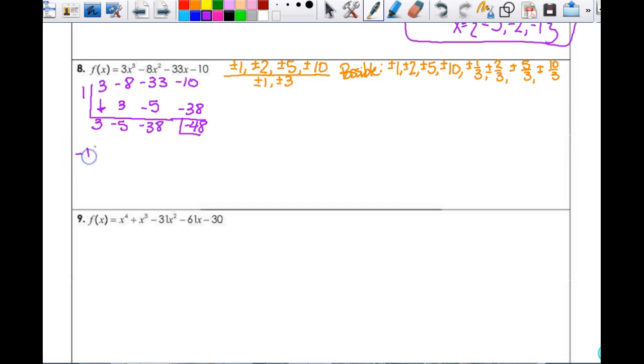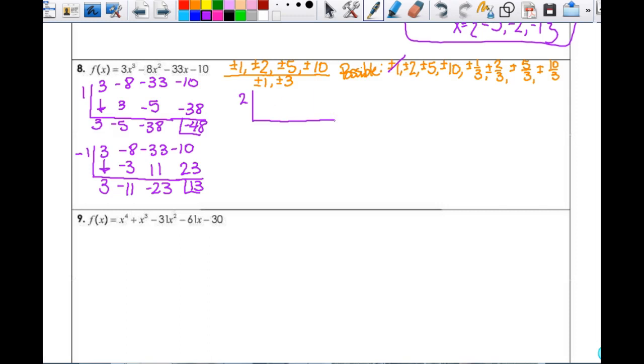So let's try negative 1. Negative 1 doesn't work either. So neither one of those work. Move on to 2, because you don't really have another way to narrow anything down. So 3, negative 8, negative 33, negative 10.